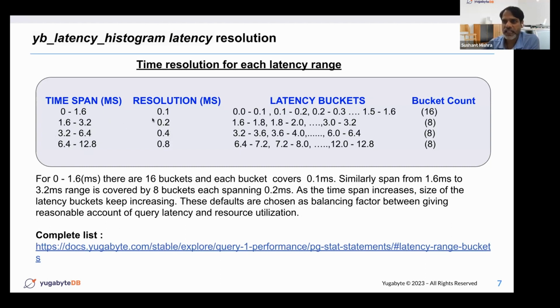These are the defaults when you use this feature. These defaults are chosen as a balancing factor, giving a reasonable account of the query latency and the resource utilization. As you can see, maintaining all of this data requires extra memory and processing, so we wanted to keep a good balance between them. That's where we kept these as defaults.